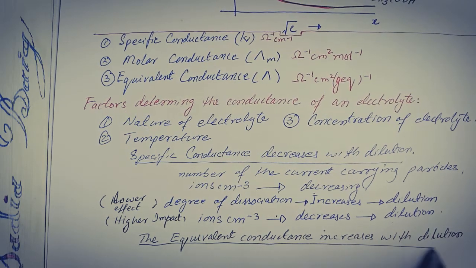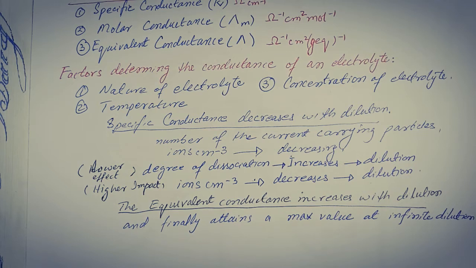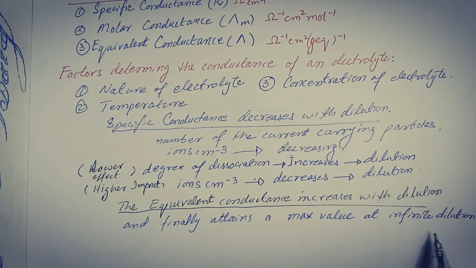So we have two important points here, and it finally attains a maximum value at infinite dilution. So what is infinite dilution here? It is the theoretical dilution limit which is usually obtained from the extrapolation of the plots, and this dilution is near to a negligible amount of the solute, that is the electrolyte.